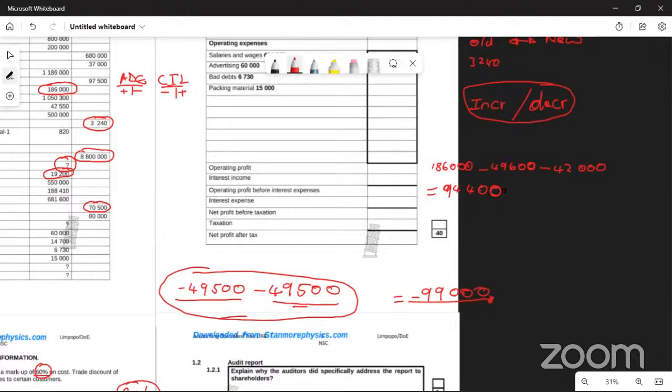From the amount we are expecting to receive from our debtors, we calculate 5%.